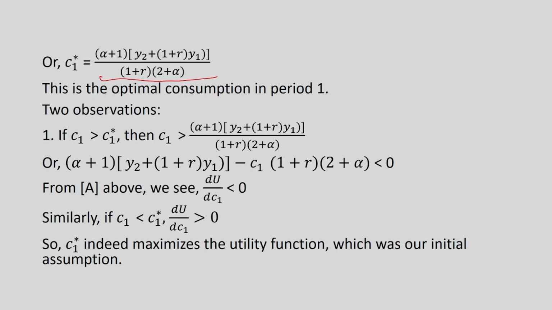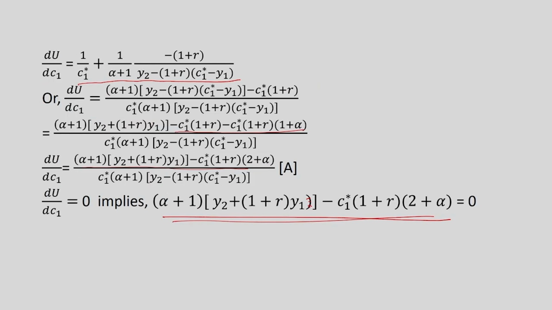Number 1, if C1 is greater than C1 star, then what happens? I am just substituting C1 star on the right hand side, and this boils down to this condition. And just recall what is A. This is A, which is the derivative of the utility function with respect to C1.